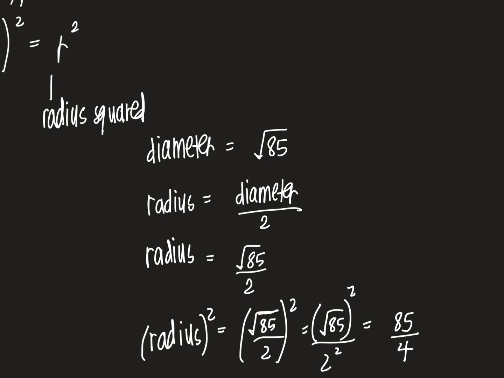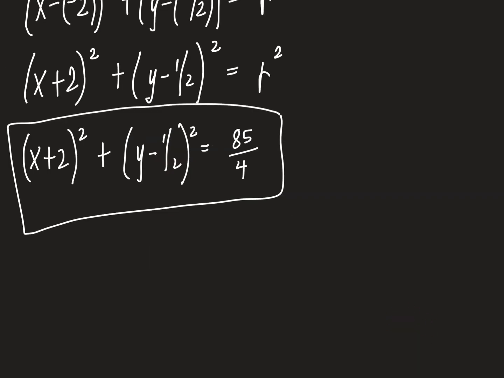And you got to square the numerator and the denominator. When I square the square root of 85, it just takes the square root off. When I square the 2, it becomes 4. And this is what I'm going to place on the very end. So to get (x plus 2) squared plus (y minus 1/2) squared equals 85 over 4.